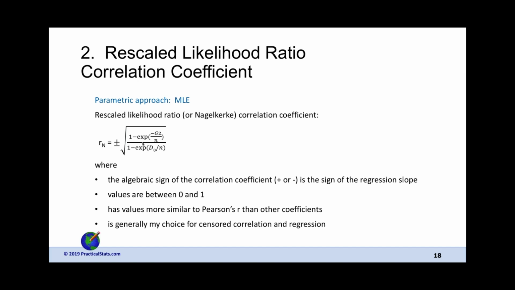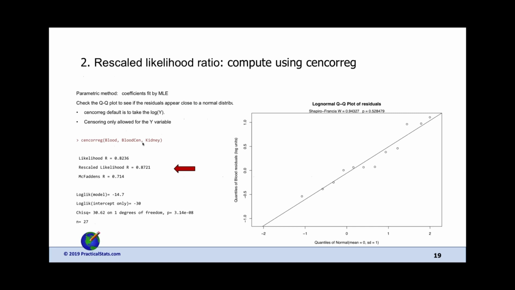This is the one I generally use. It's still lower than Pearson's R for the same strength of correlation, but it's actually a bit closer than the standard likelihood ratio. Of all of these, and there are at least 3 others that are correlation coefficients based on some sort of maximum likelihood statistic, this is the one that's most similar to Pearson's R and would be the most familiar to you.